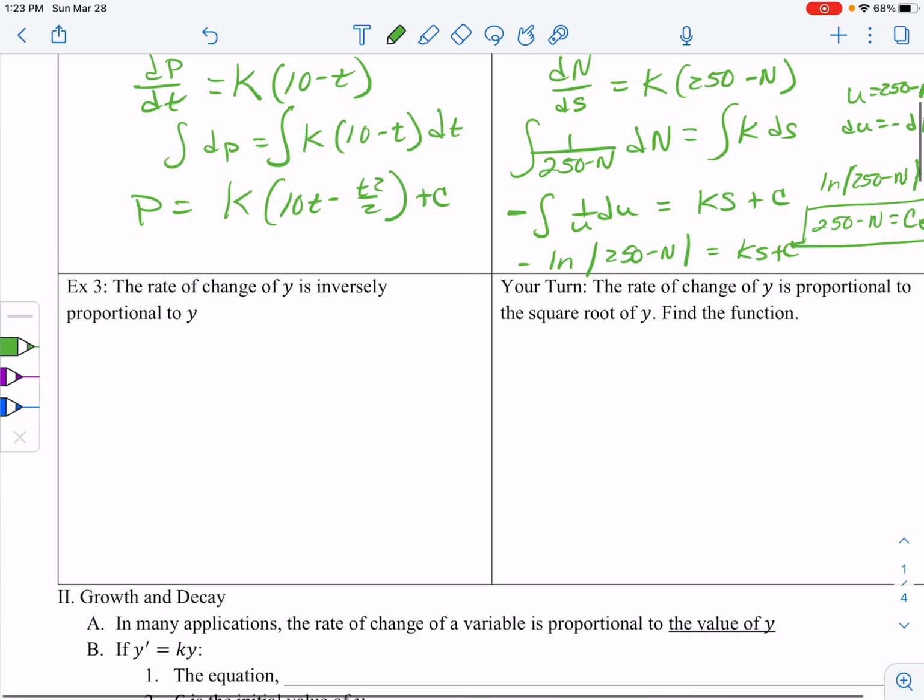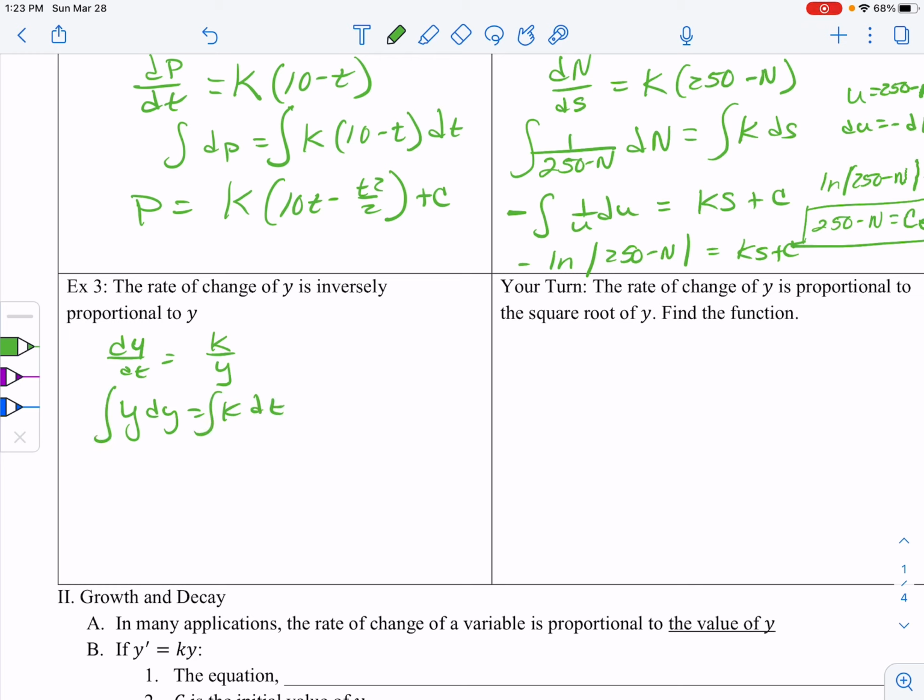All right. The rate of change of y is inversely proportional to y. So dy dt is inversely proportional to itself. Separate them, you end up with y dy equals k dt.